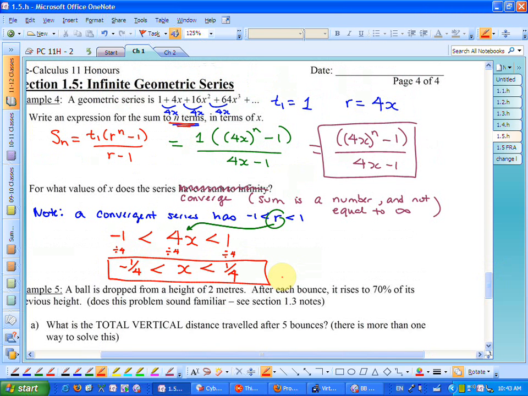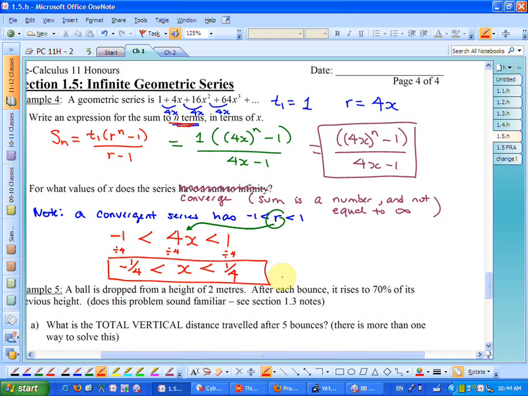So the ratio is negative 1. So what happens with your series? It goes back and forth, back and forth, back and forth. Going to infinity, what do we have? I don't know. It could be positive 1, it could be negative 1, it could be 0. So in that case, when you don't know, it's an oscillating series. We just say there's no finite sum. Nothing there.